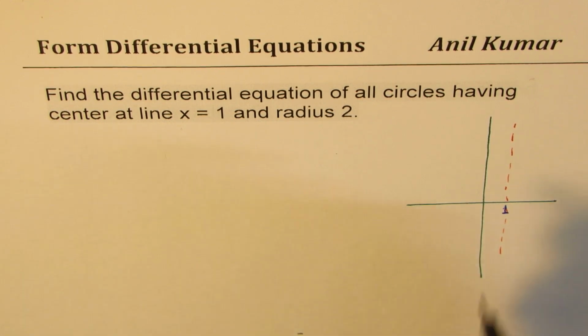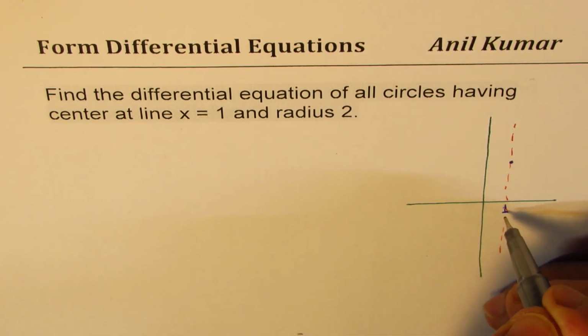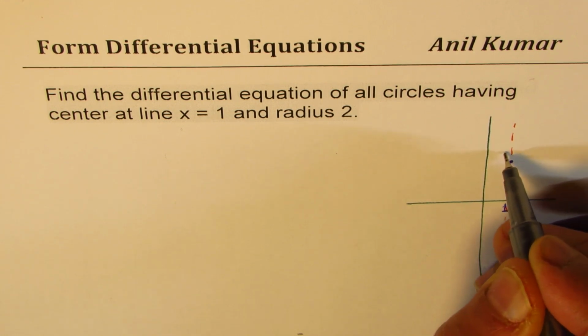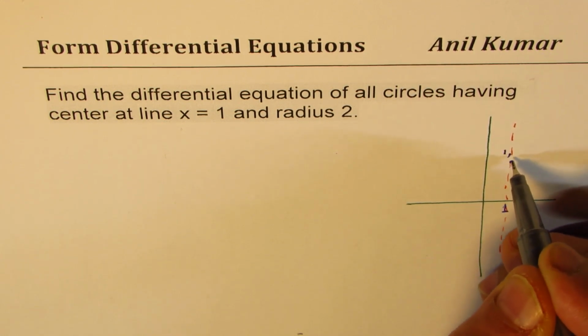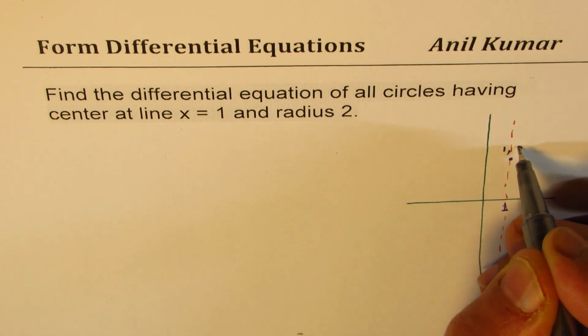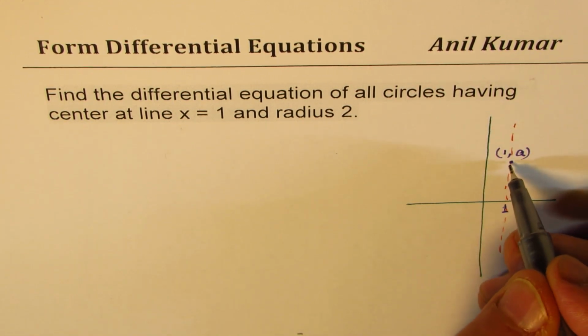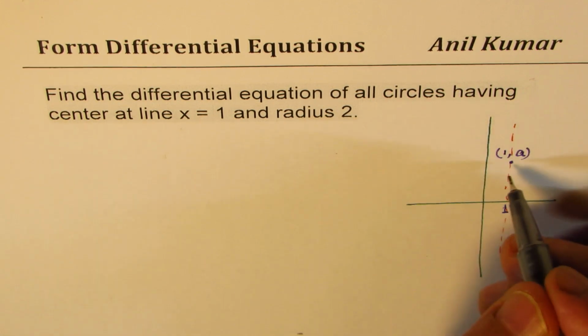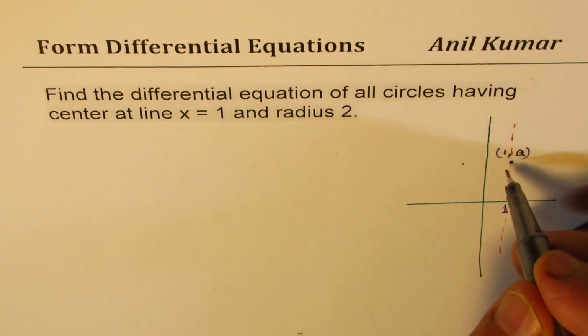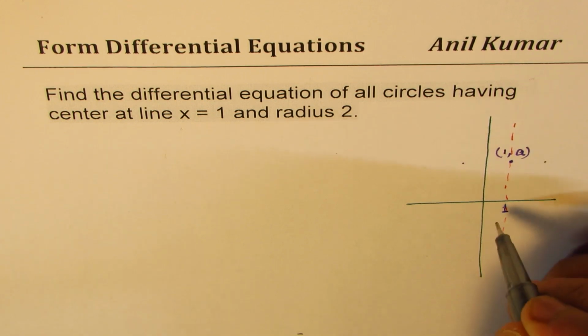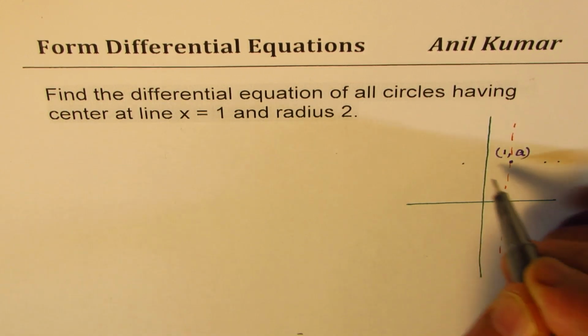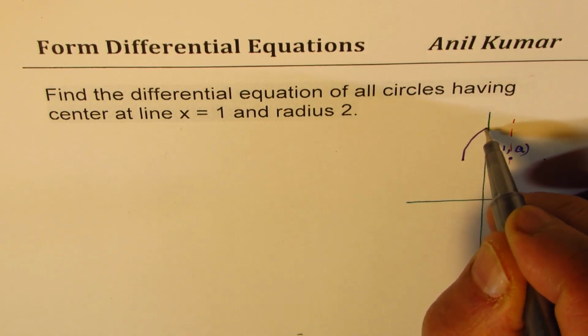So if I have, let's say, a center here, my x value is going to be 1. However, the y value we can take as a. So that becomes the coordinate. Now in this particular case, we are already given a radius of 2. So r is fixed. So let us say that is the radius of 2. So we may form a circle kind of like this.